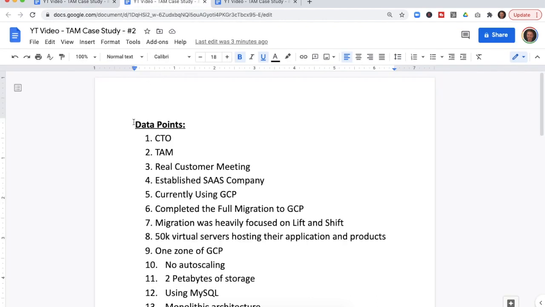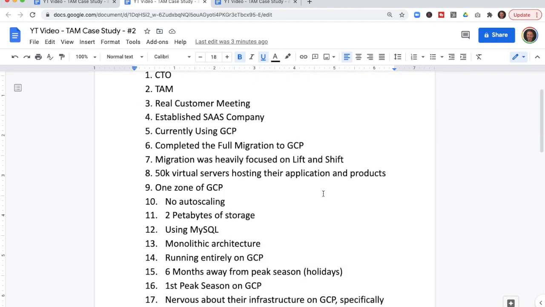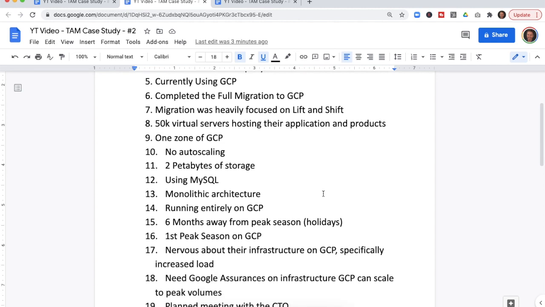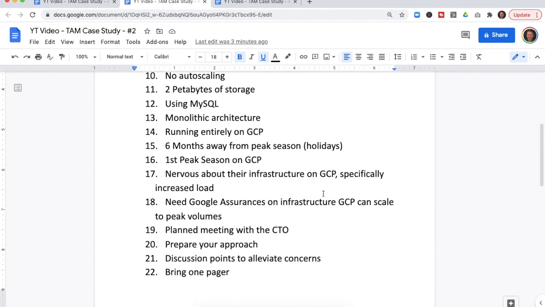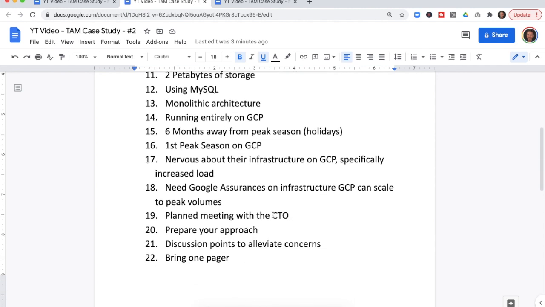So what I did here was I essentially went through the entire case study and I pulled out any important data point. And so this is very, very into the weeds, but here's what I found. I found that there were so many different data points. And even if you look at 17 and 18, look at 18, for example, infrastructure GCP can scale to peak volumes.